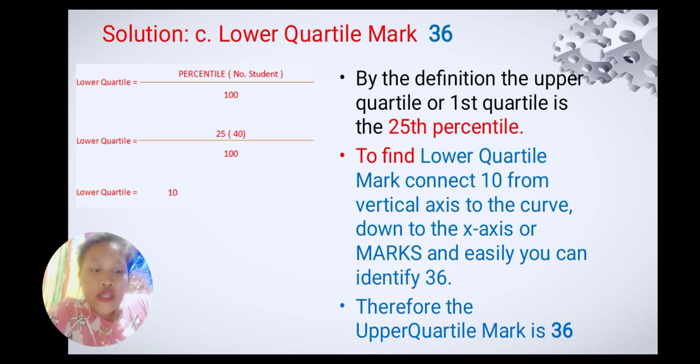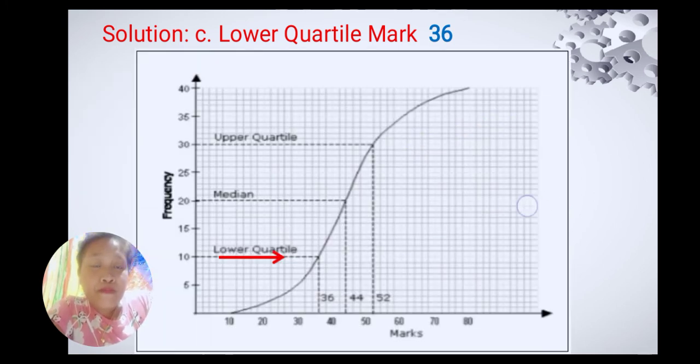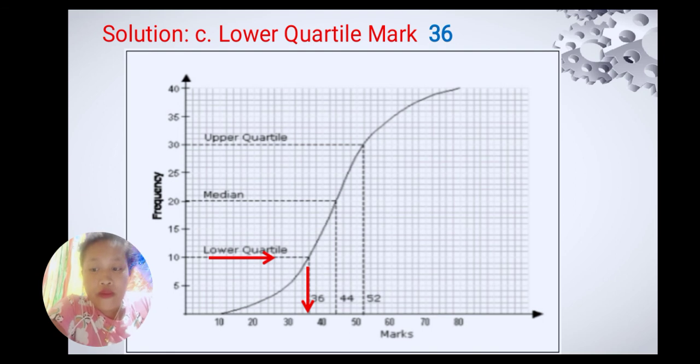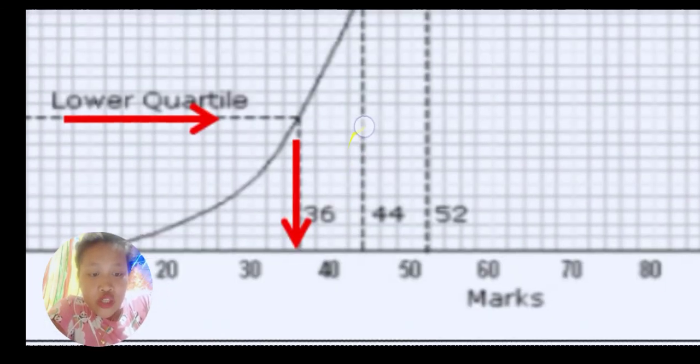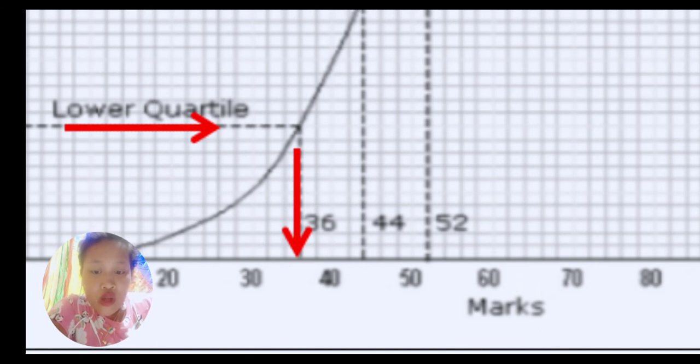So the mark you can easily identify is 36, the lower quartile mark. Now here is the example. Find the marks down here, 36 ay muna siya ang lower quartile marks.